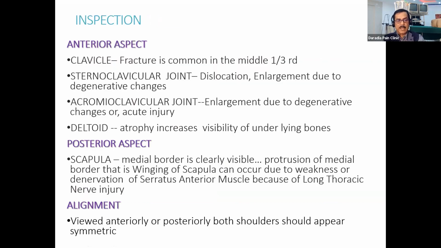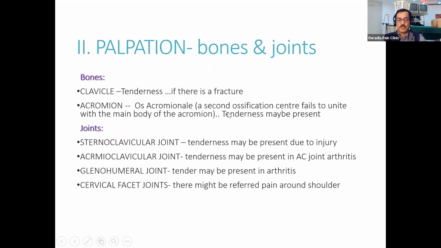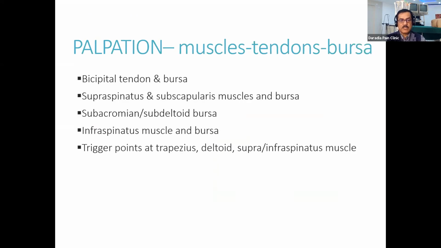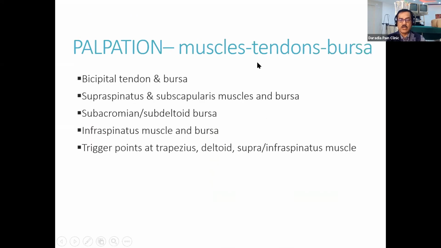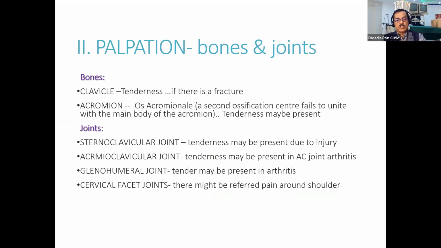Then comes palpation. In the inspection, these are the things I have already enumerated. Then comes your palpation. In the palpation, we should remember this way: palpation of the bones, joints, muscles, tendons, bursa. Bones and joints, we already told what bones we can see. Anteriorly you can see the clavicle and the acromion.